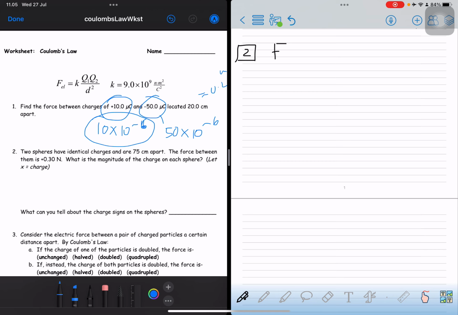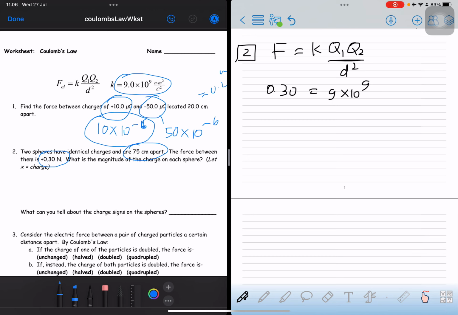We still use the formula F electrostatic equals K Q1 Q2 divided by D squared. They give the distance D, and 0.30 Newton as the force, so 0.30 equals K, the constant 9 times 10 to the power of 9, times Q1 Q2.